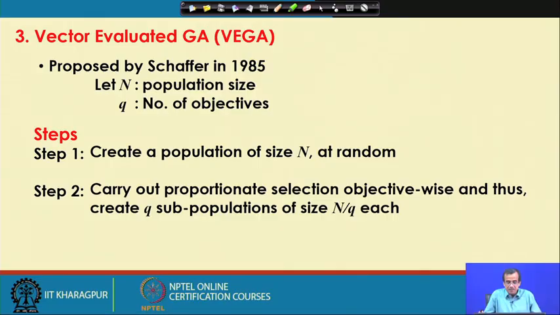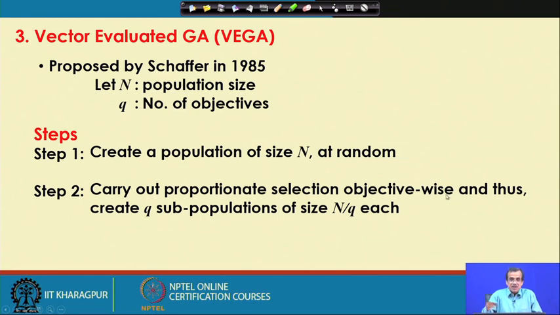So, we start with a population of 1000 solutions selected at random, and next we carry out proportionate selection to get the mating pool, and while carrying out the proportionate selection we do it objective function-wise.